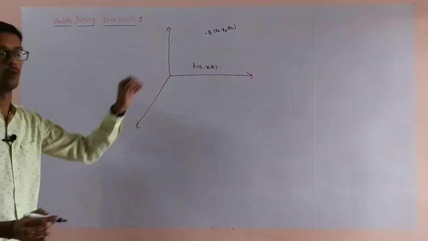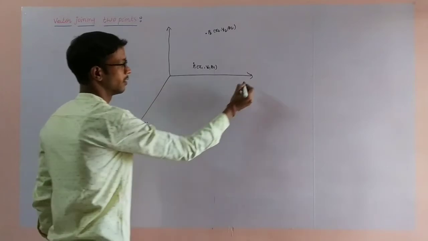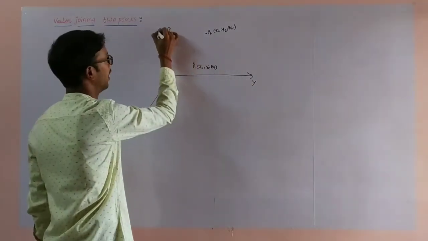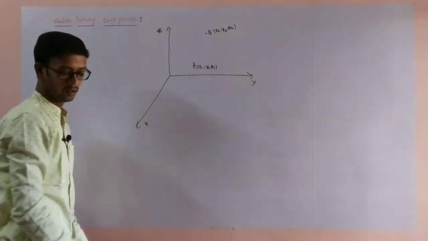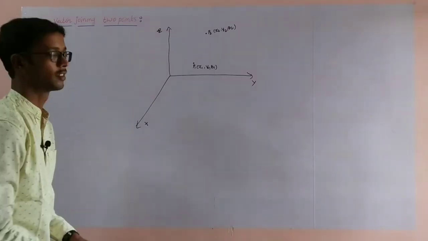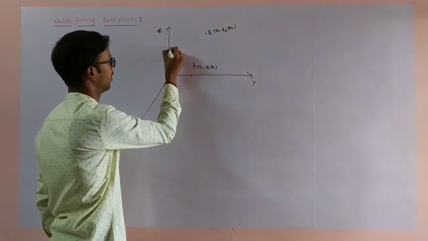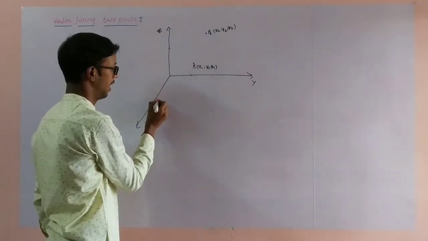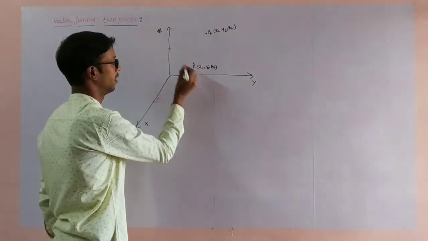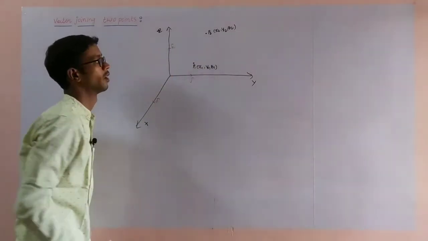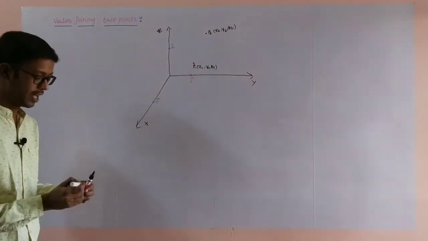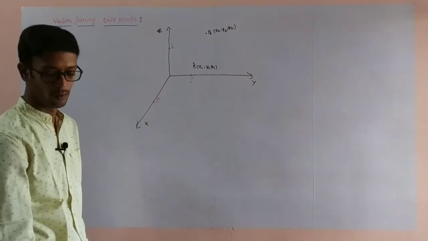We are taking 2 points on the x-axis, y-axis and z-axis. The unit vectors in the direction of the x, y, z axes are I cap, j cap and k cap.